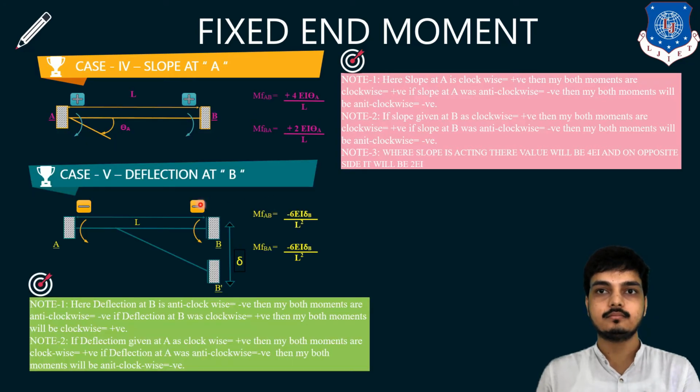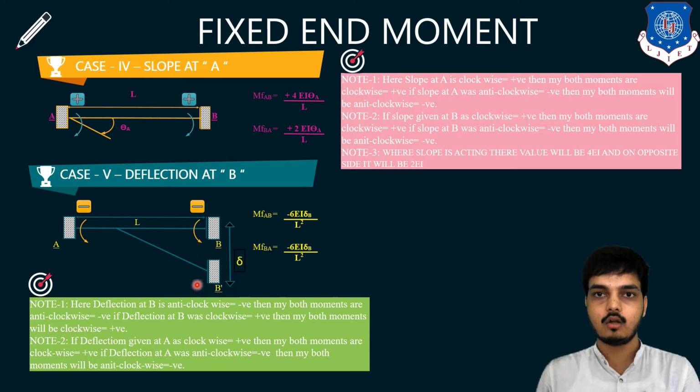The next case is deflection at B, upward. Case number 4 was slope, now here it is deflection. This is a clockwise kind of deflection, which we have learned in the sign convention. For deflection, if the deflection is clockwise, both the moments will be anti-clockwise. That we have to remember.